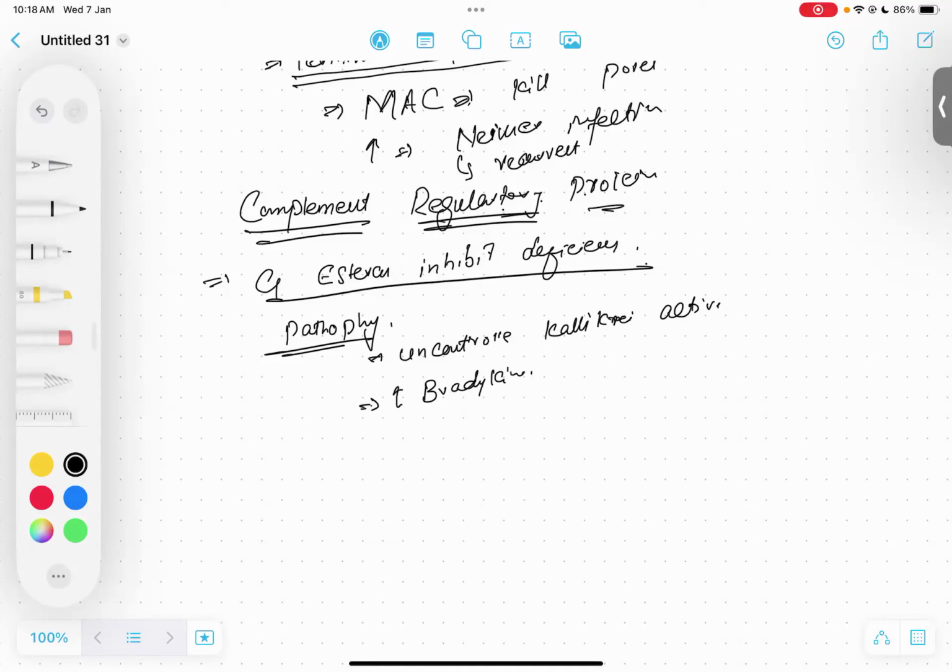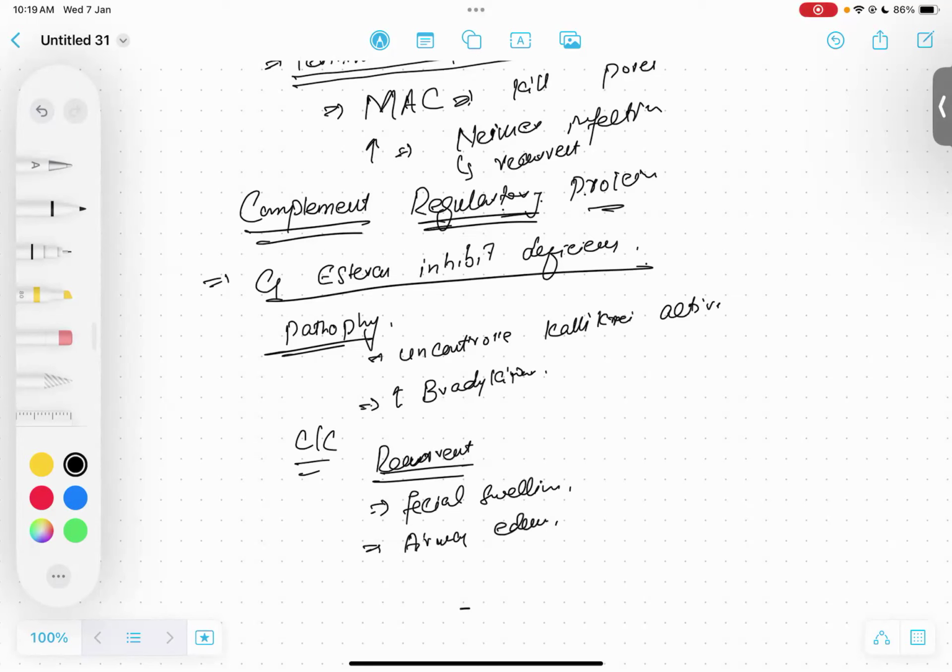Because bradykinin is then associated with formation of different clinical features like recurrent facial swelling and airway edema, because it will also lead to bronchospasm as well.